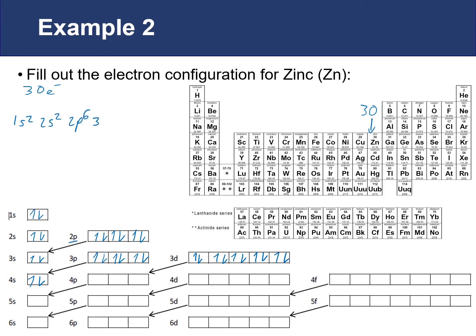Then we have our 3s, which has 2 electrons. Our 3p has 6 electrons. Then the next one that we filled was the 4s. So it would be 4s, that one has 2 electrons in it. And the last one is our 3d, which had 10 electrons in it. So this would be our electron configuration for zinc.